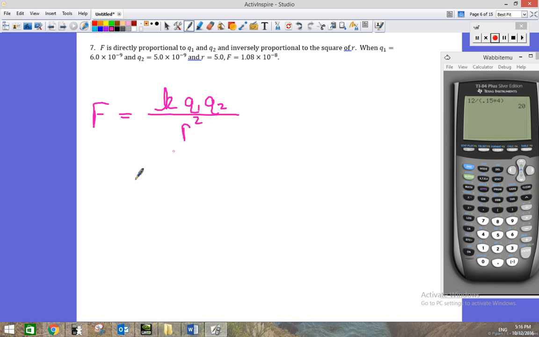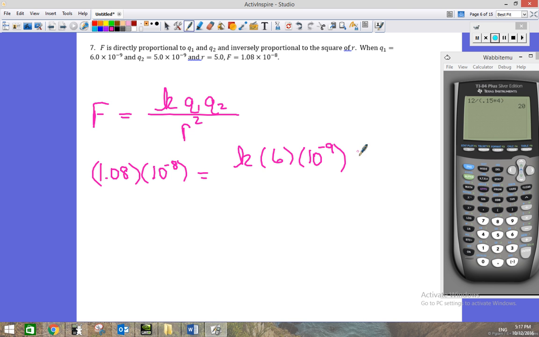On the left, F is 1.08 times 10 raised to the negative 8th power. This Q1 is 6 times 10 to the negative 9th power.